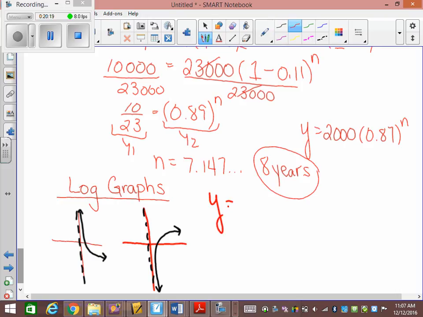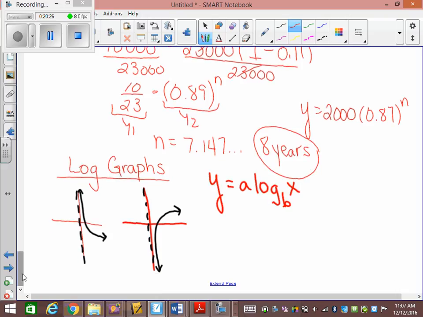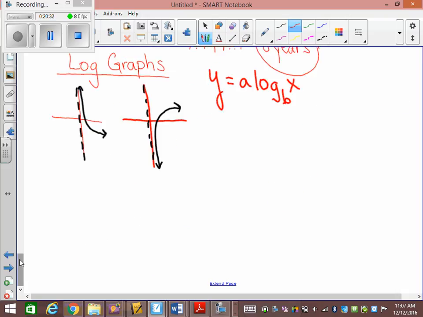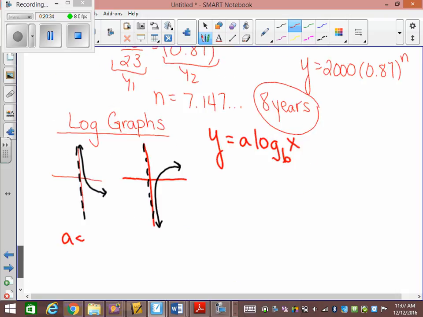And with the formula y equals a log base b of x, how do I know if it's depreciating or appreciating? Yeah, your a is negative or positive. If a is less than 0, which means negative, it's decreasing. And if a is greater than 0, or positive, it's increasing.